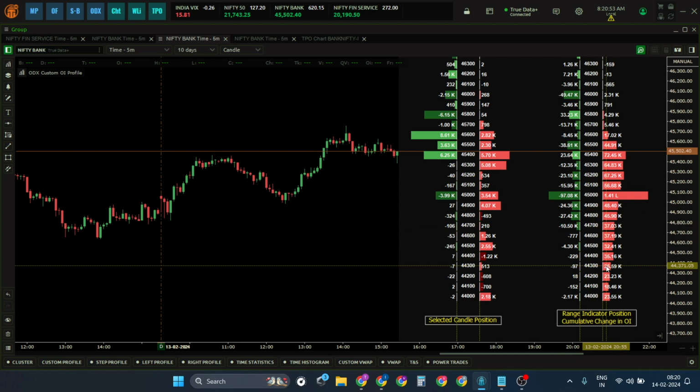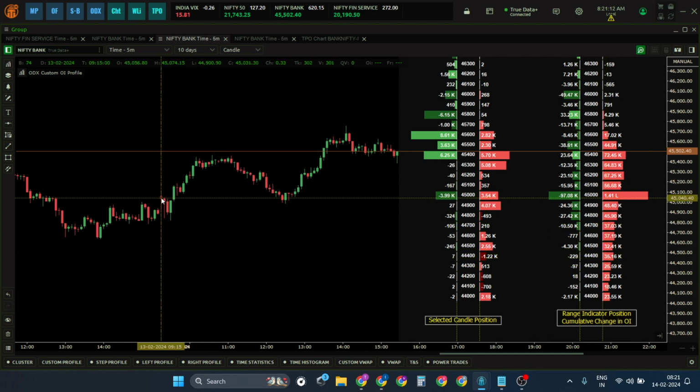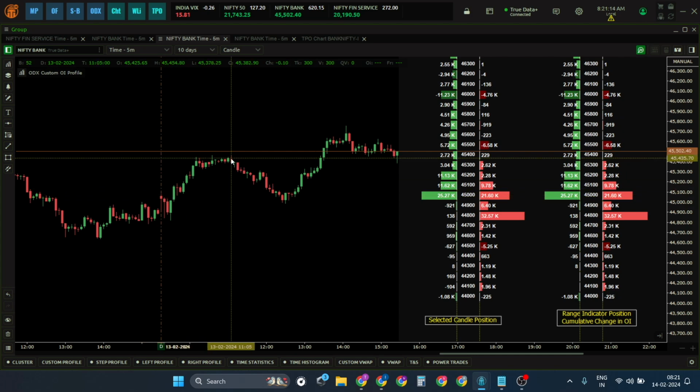Simply understand it like this: the range indicator position gives you a range from point A to point B, and you can see the OI change over it. Here A is constant, but you can change B.